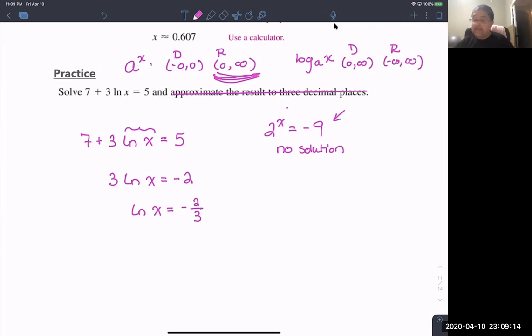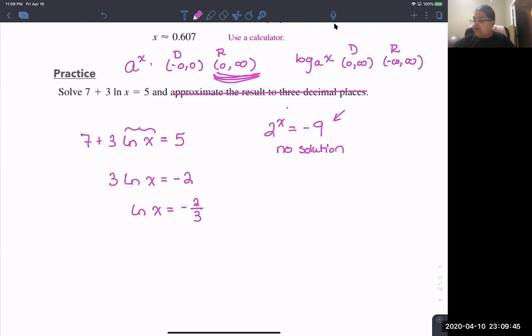So the number on the opposite side can be positive or negative. It's just that the domain, what's inside here, can't be negative. So again, the output for an exponential can't equal a negative, but for a logarithm, I can have a negative. The only thing I can't have negative in a logarithm is what I'm taking the log of. So keep that in mind. It's pretty important to know.